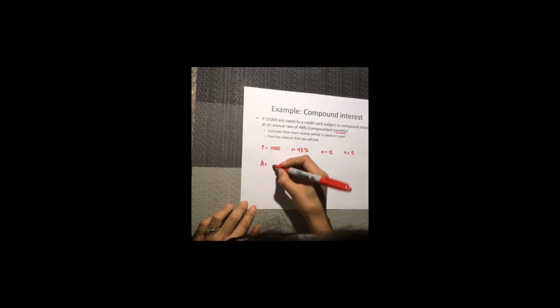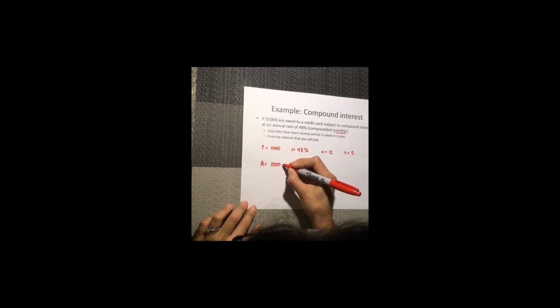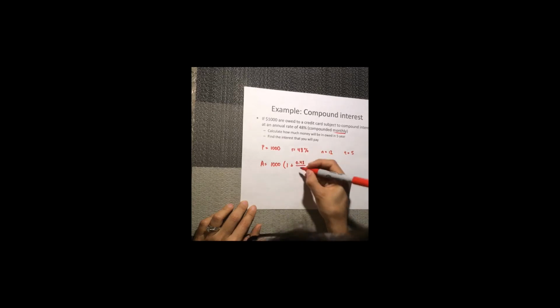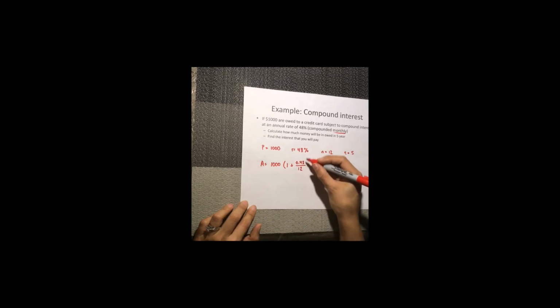So A is equal to 1,000 times 1 plus 0.48 over 12. 0.48 is our rate expressed in decimal form, and 12 is the number of times our interest is going to be compounded in a year. And then the exponent is going to be 12, again, n times the time, which is 5. So 12 times 5, we're going to get 60.